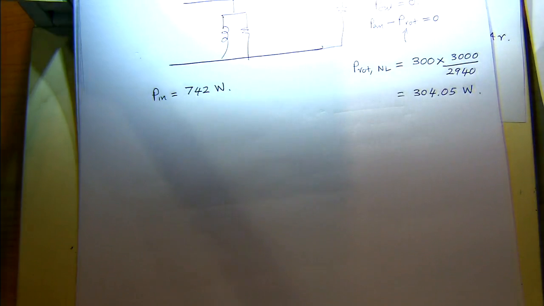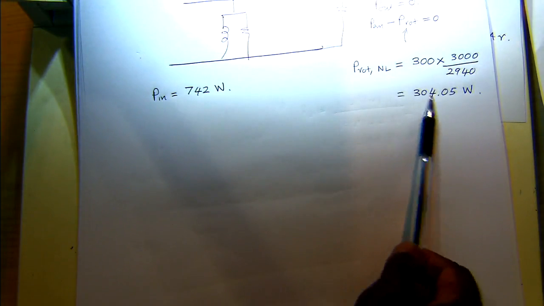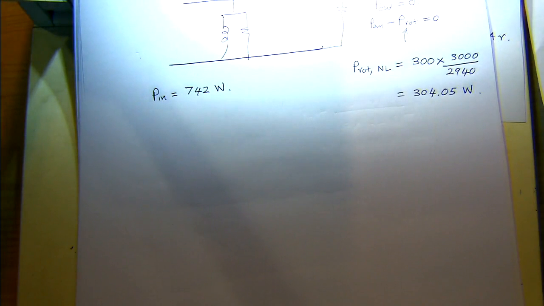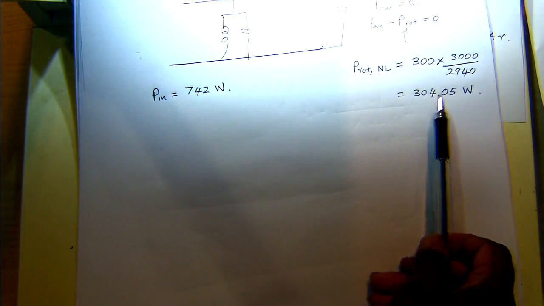So it's close, but there's a 4 watt increase if you increase it by another 60 RPM. This is the no load rotational losses.